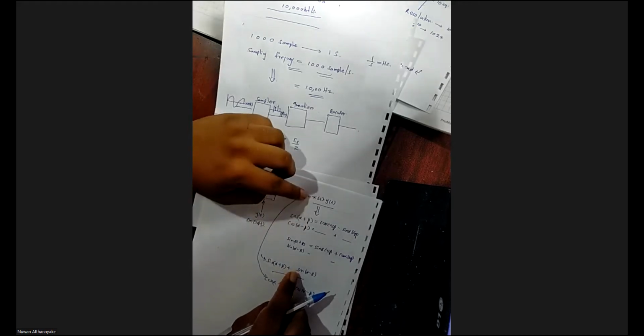It will be cos(alpha plus beta) plus or minus cos(alpha minus beta). Using this identity, we convert this signal into a sum of sine and cosine terms, so you have to convert the multiplication to a sum.